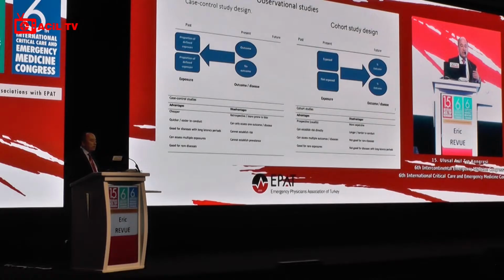That's a big advantage. It's very cheap to do. You can make it very quickly, so a young doctor can work on it. So it's very easy. If you want to follow a rare disease, you have the cohort study design.